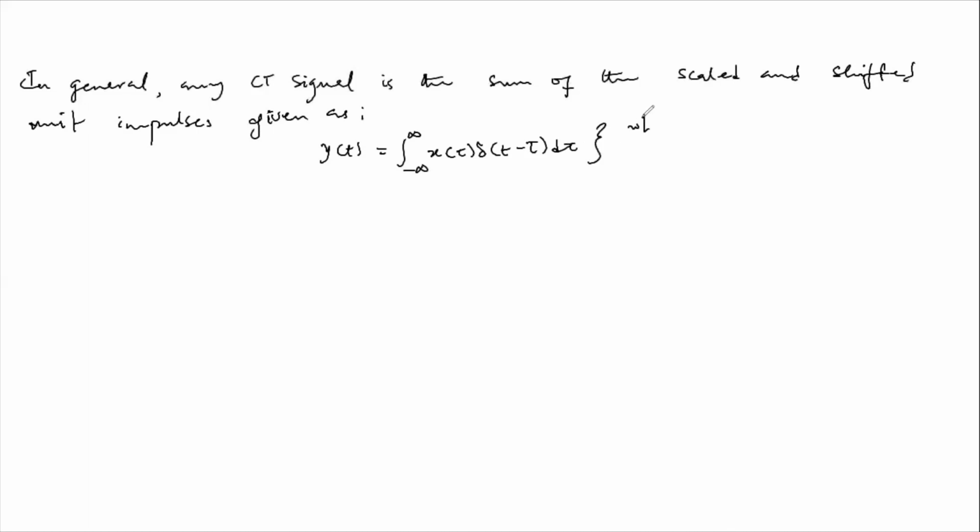Now, s of tau is a scaled component, and delta of t minus tau is a shifted component.